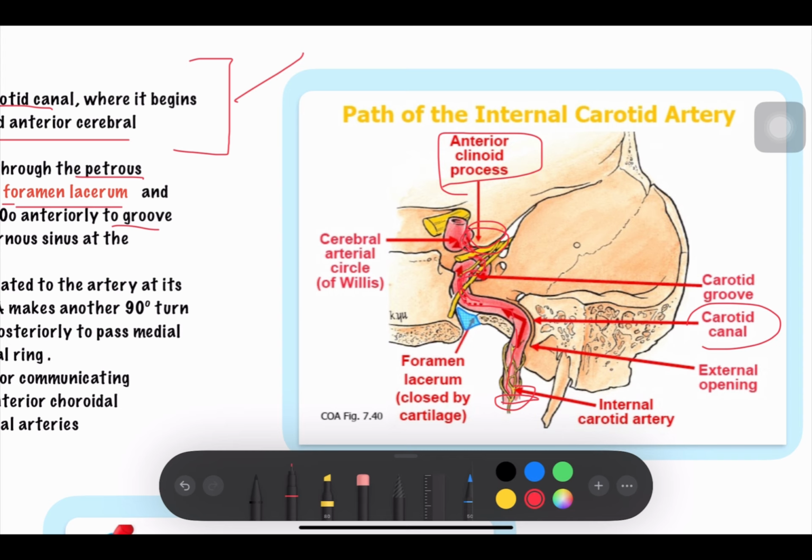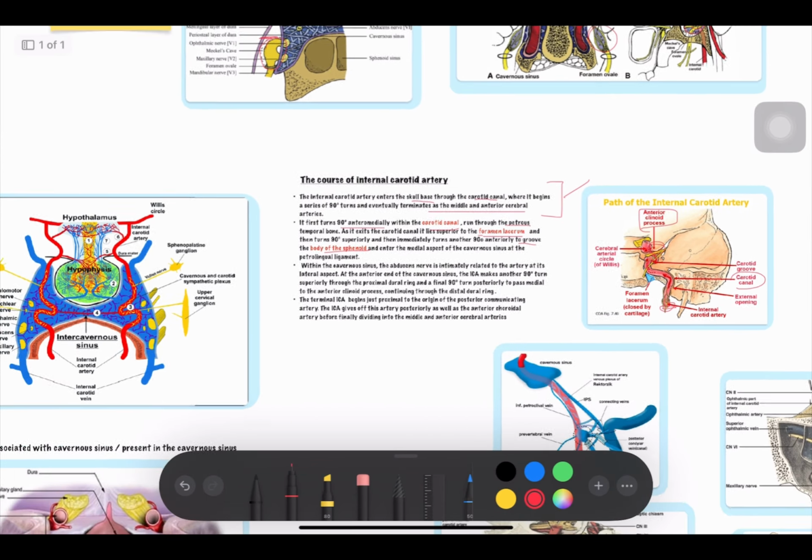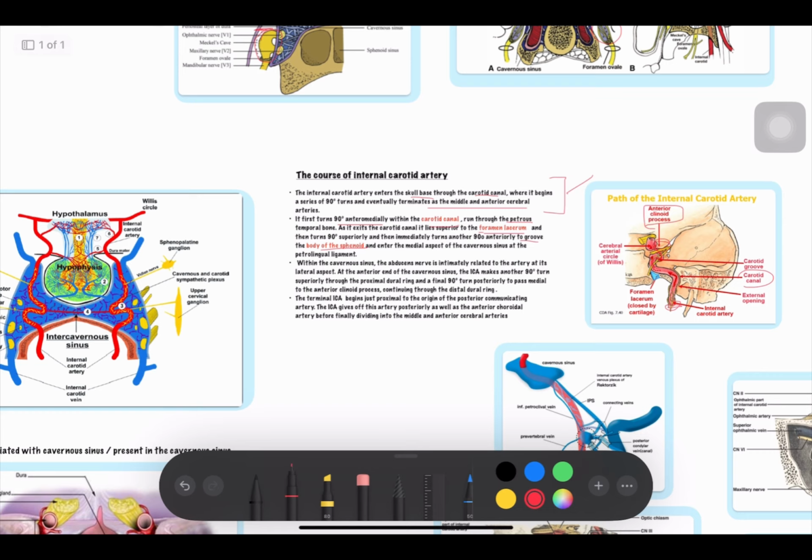The internal carotid artery enters the cavernous sinus near the foramen lacerum and passes through the cavernous sinus medial to the anterior clinoid process. It pierces the dura and arachnoid mater to enter the subarachnoid space, and from there it forms the cerebral circulation.